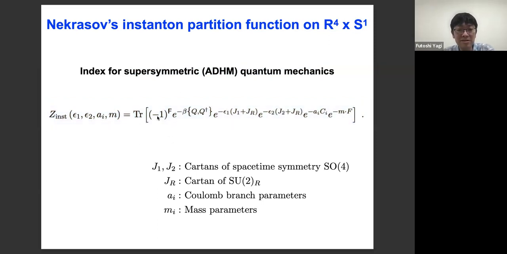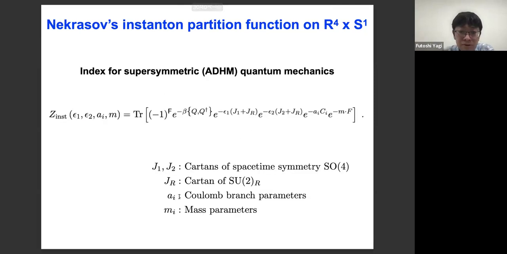And this can be understood as a generalization of the Witten index. If it's only (-1)^F, it's the well-known Witten index, but we added various fugacities, which can be identified as masses or Coulomb moduli and so on, in the language of the 5D gauge theory.